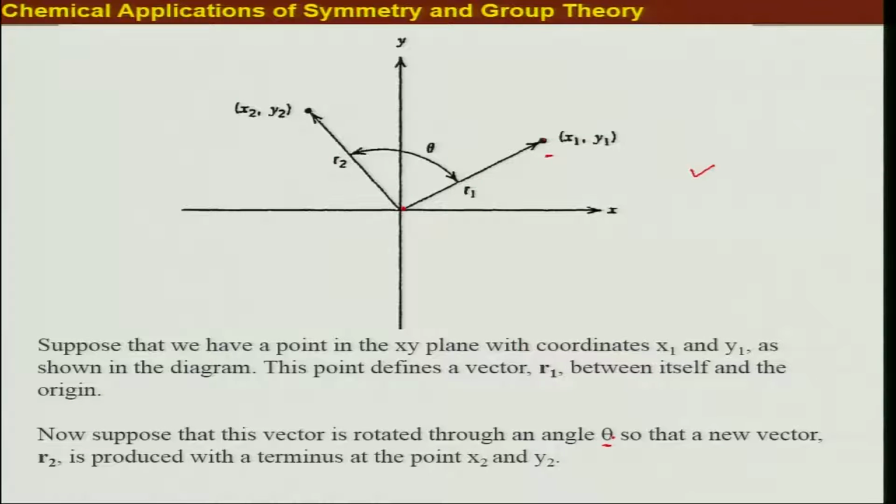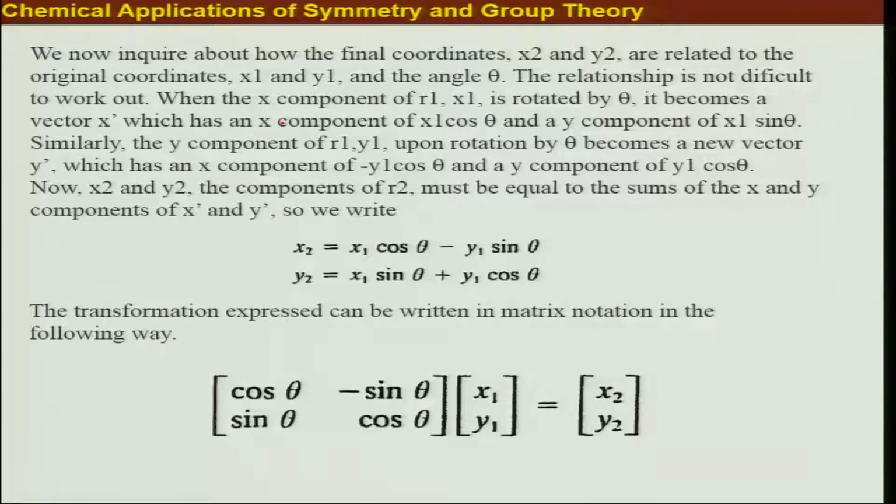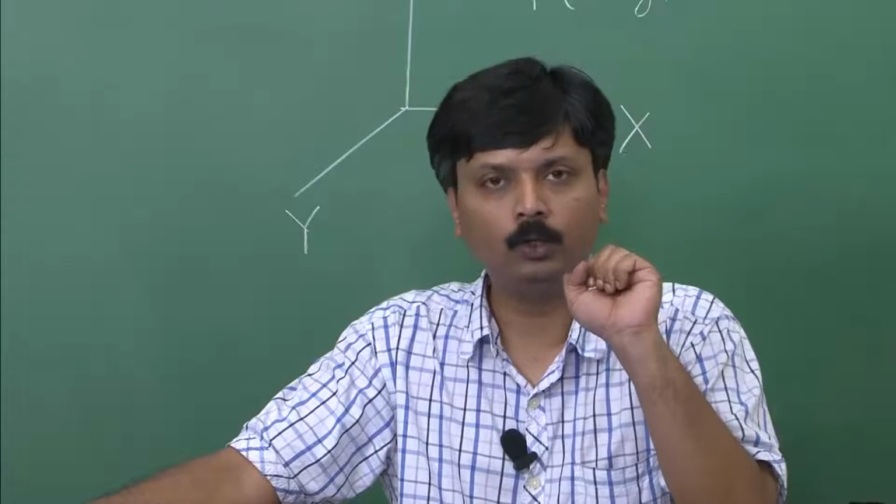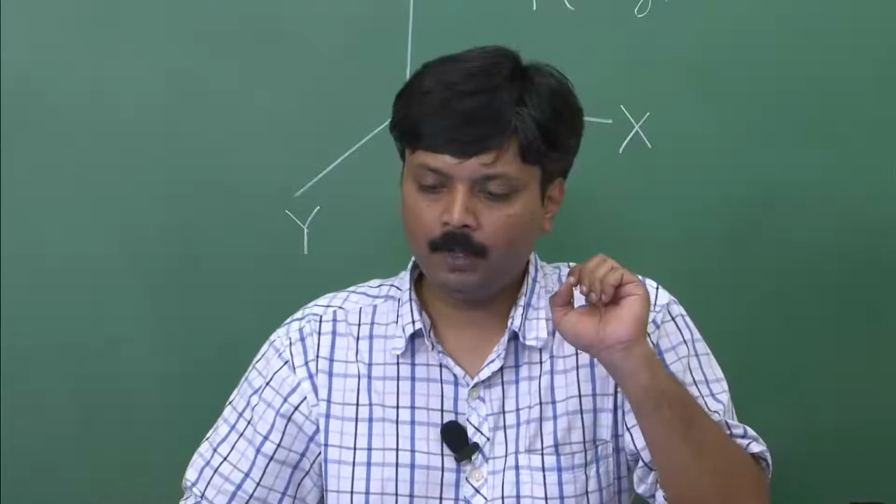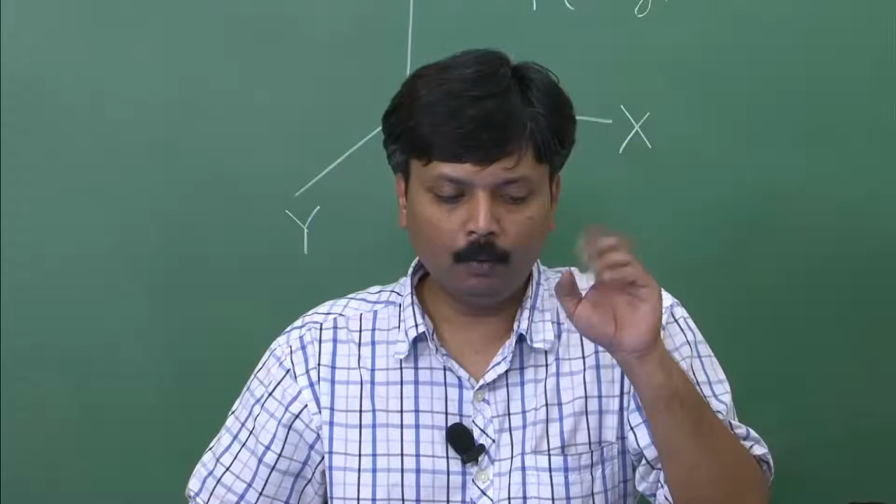So we get a new vector, the corresponding radial vector is r2, and the new points are x2, y2. With that setup, we will try to inquire how the final coordinates x2 and y2 are related to the original coordinates x1 and y1, and also the angle theta. So we can work this out.